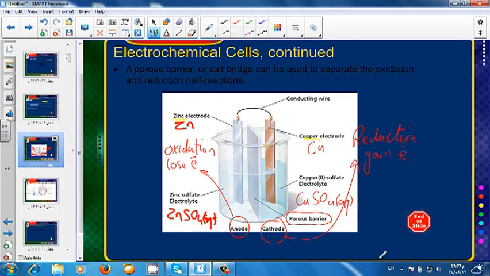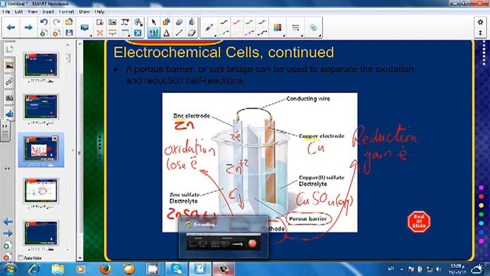Gain of electrons. When electrons are lost, the zinc changes into zinc ions that are now found in the solution, separate from the electrode, and the two electrons that were lost from each zinc atom move through a conducting wire to the copper. So they are gained by what?